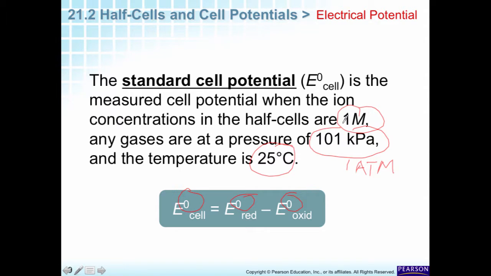Okay? So that makes it a standard cell potential with these conditions. This is usually sea level. This is what we typically think of as room temperature. And this is a 1 molar solution in each of the half cells, of the salt of the half cells, or acid.